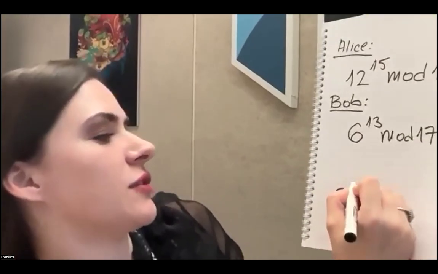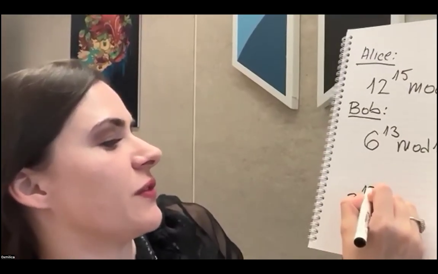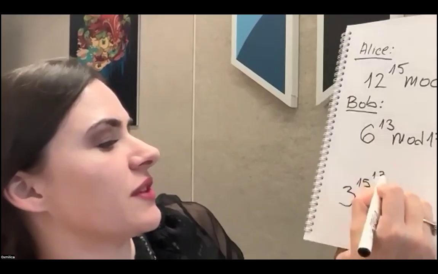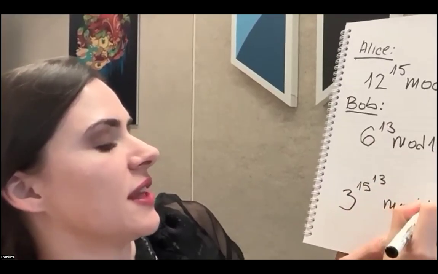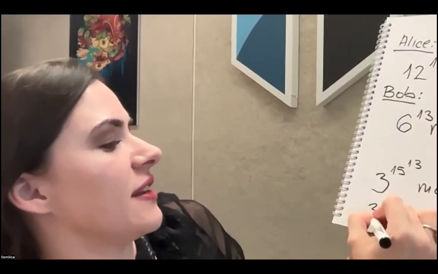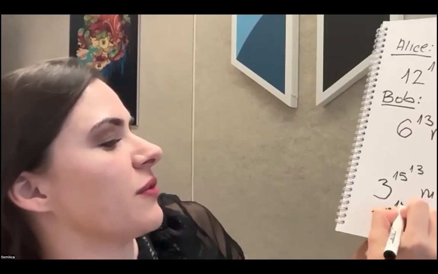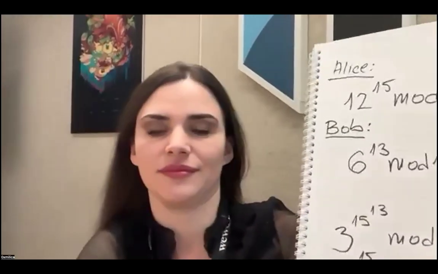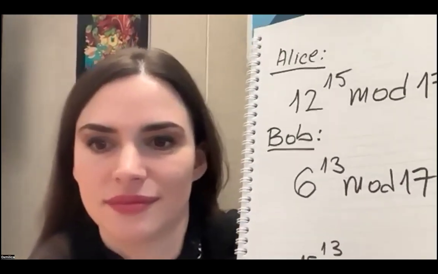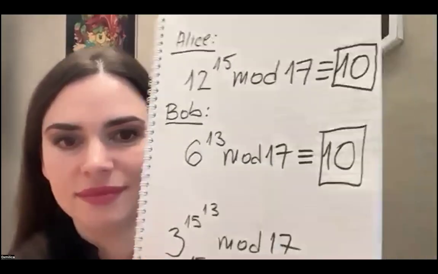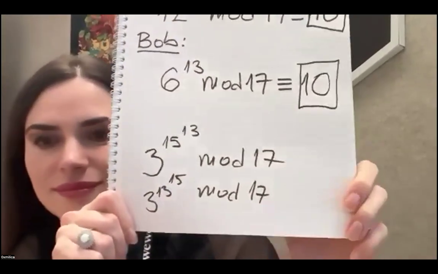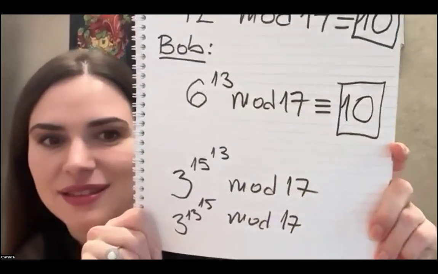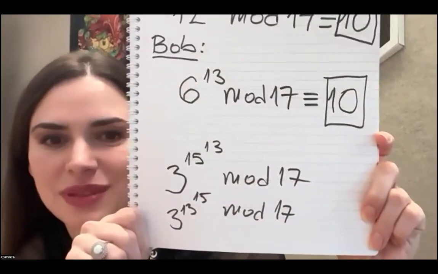They had 3 to the power of 15 to the power of 13 modulus 17, and then 3 to the power of 13 to the power of 15 modulus 17. It ends up in the same result.